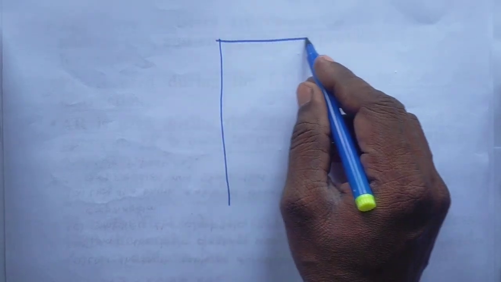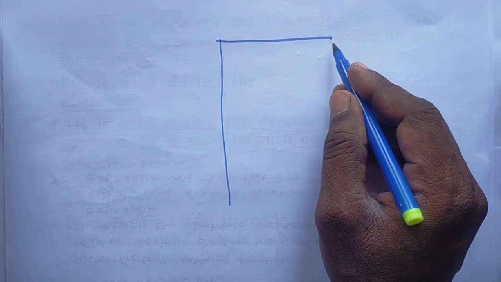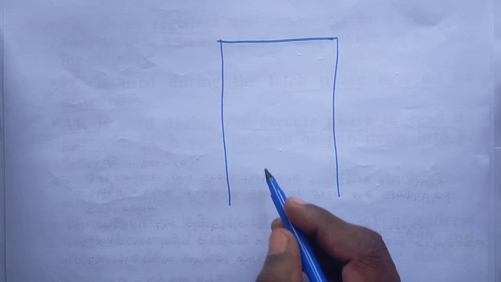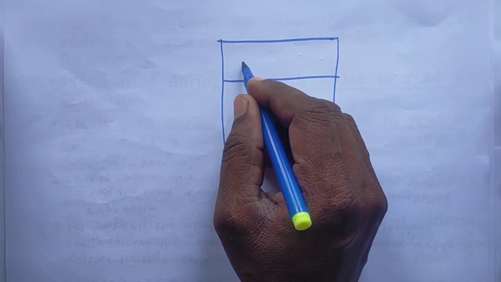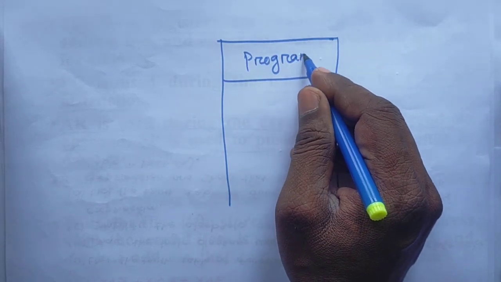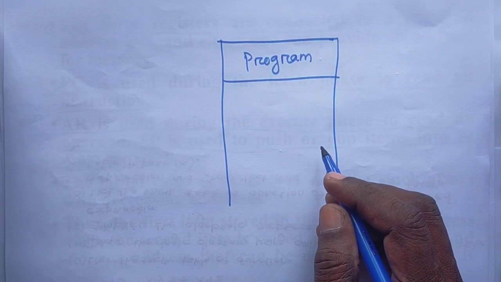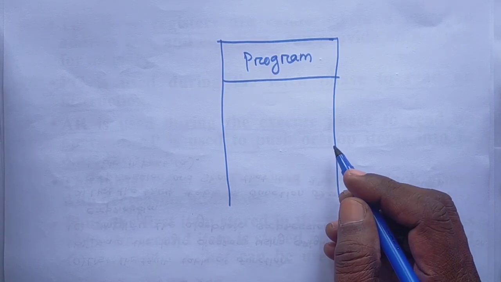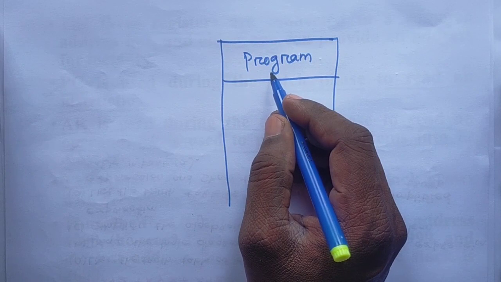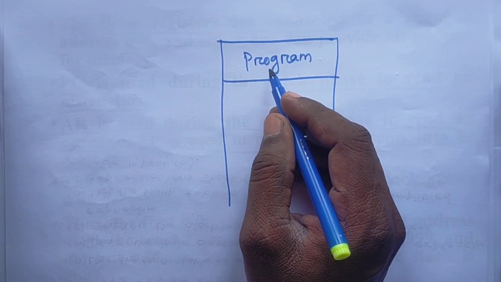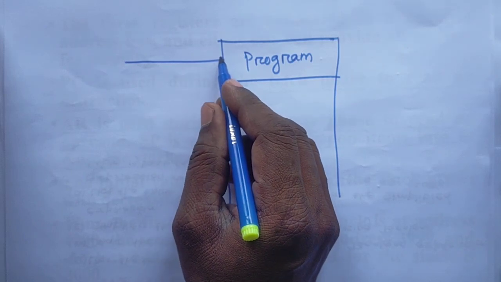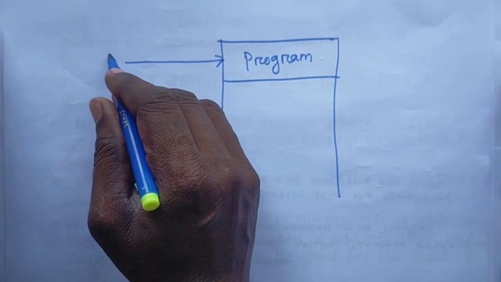At the top of the stack you can write the program, because we have already discussed that a stack memory has 3 segments. The top of the stack is the program, and since the program contains a number of instructions, it is identified by the PC.